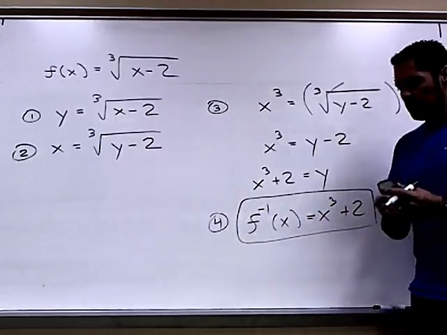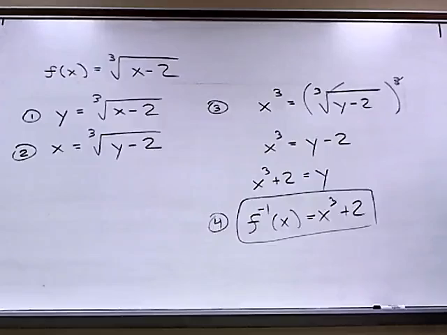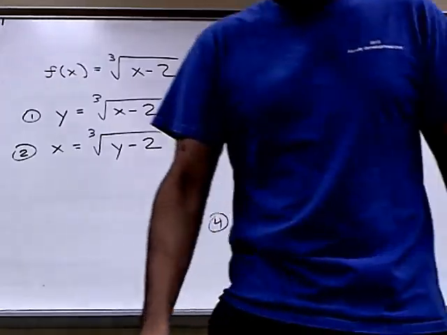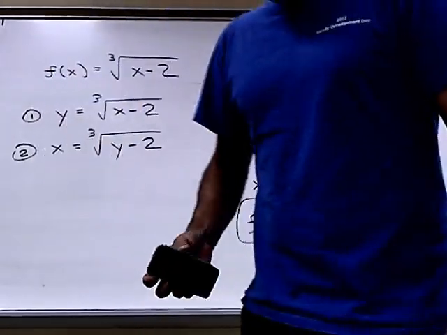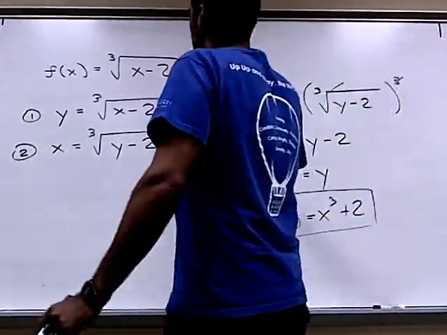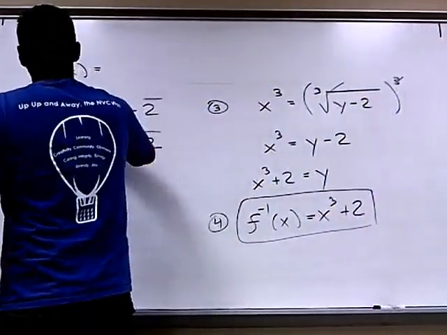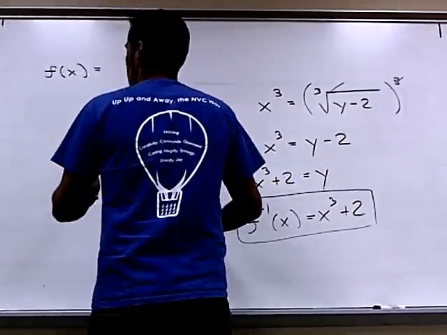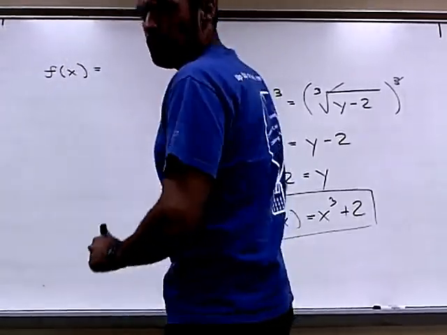Any others on homework? 73? Same page? Yes. Okay, so that'll be almost the opposite of what we just did. It's x minus 1 cubed over 8.